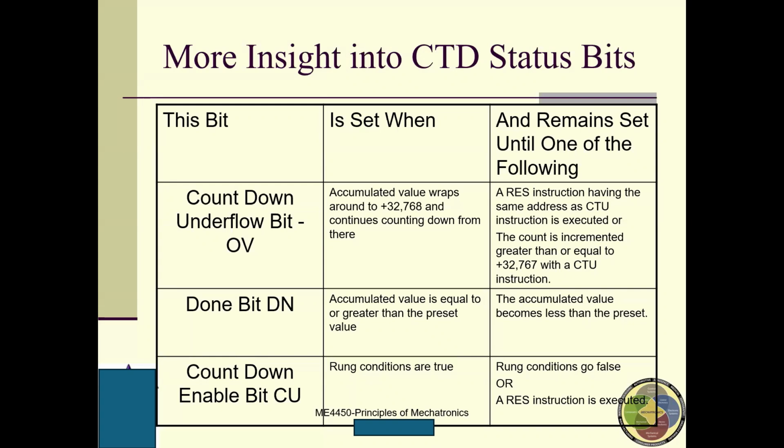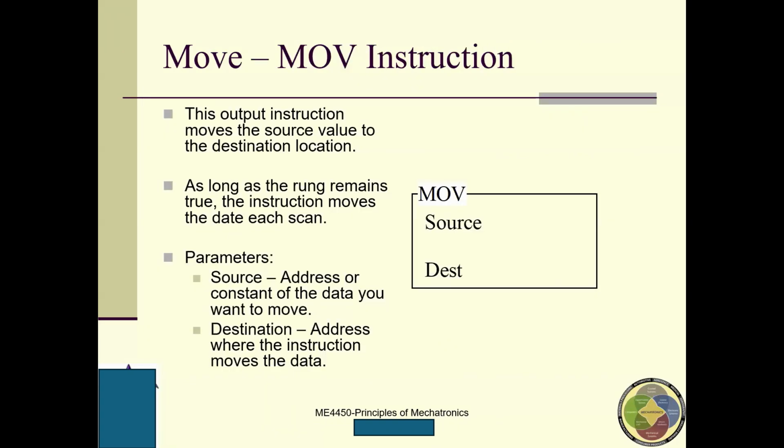No questions. Then we take a look at the move instruction, MOV. MOV is also an instruction, and it helps us move some content or a number from one location to another location.